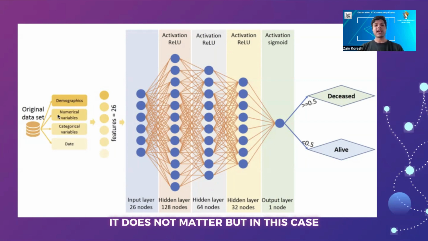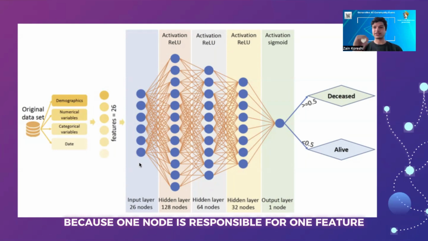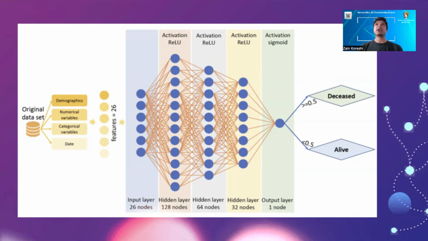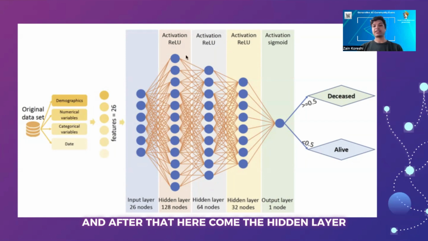But in this case, we are using 26 features, and so the input layer has 26 different nodes because one node is responsible for one feature.